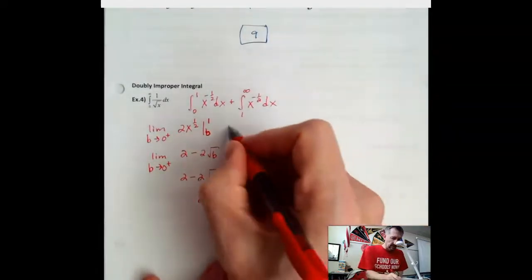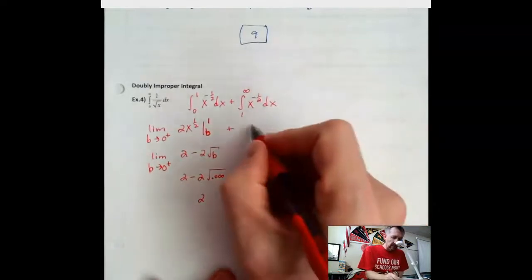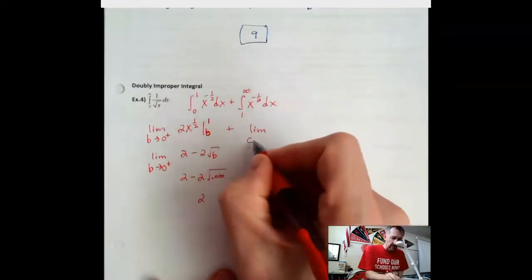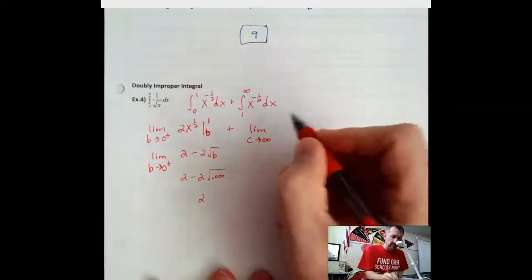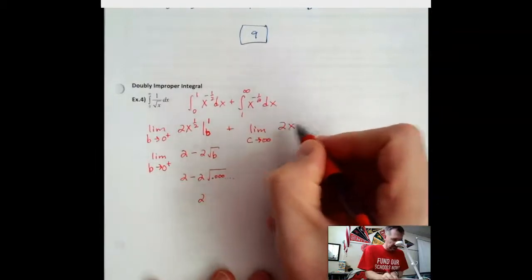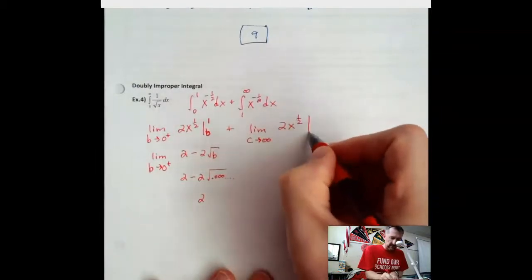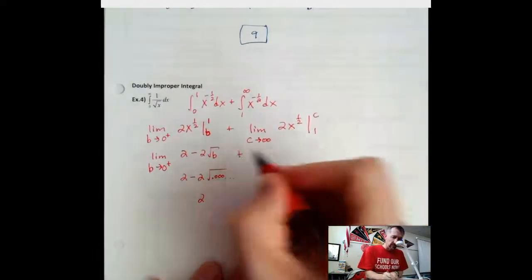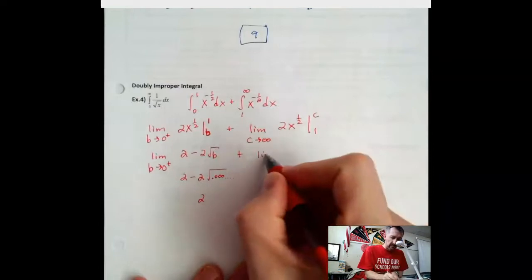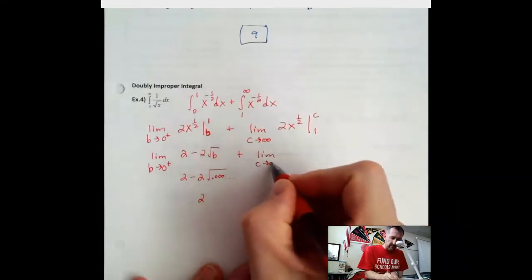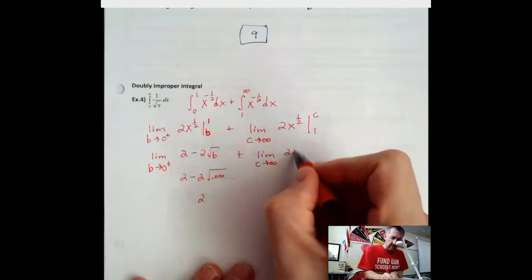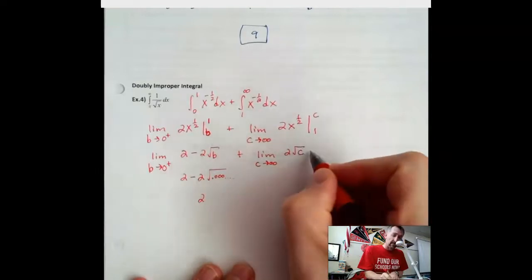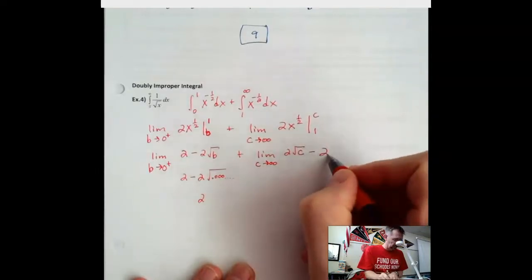Okay, now over here, we're going to let the limit as c approaches infinity, and this should be the same, except now we're going from 1 to c. Okay, so limit of c approaching infinity, that's going to be 2 root c minus 2.